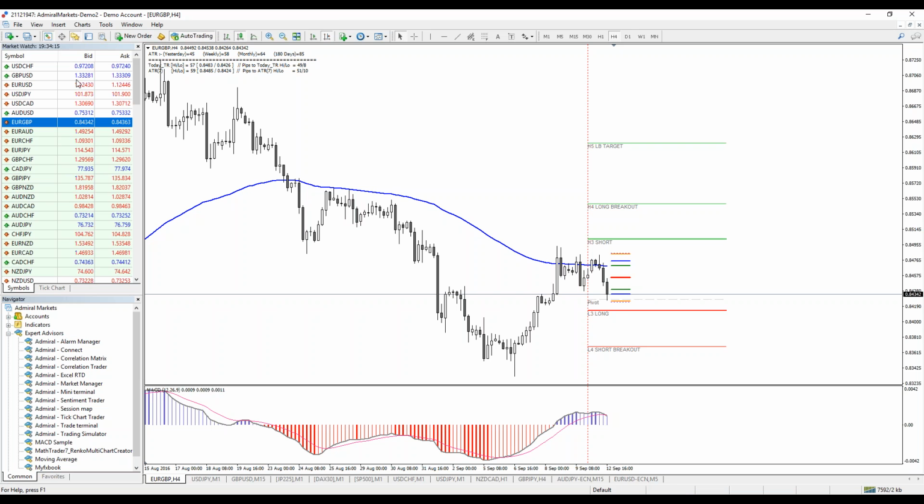So 85, if it gets there, I would sell it. Around 85, we have 78.6, H3, and even here we have a moving average. And this M pattern looking really bearish.